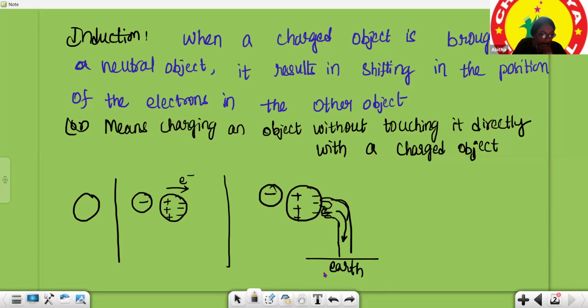As the electrons are pushed away to one side, whenever you touch it, your hand acts as a pathway for the removal of those negative charges from the object. The electrons come out through your hand and reach the ground.